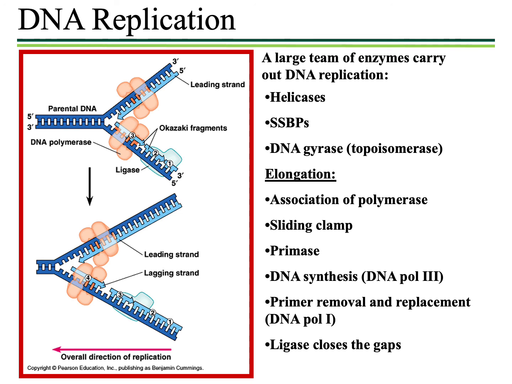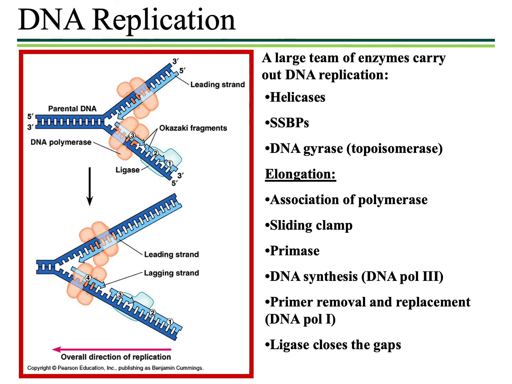You also see on this slide primer removal and replacement. So you have a situation where RNA primers are synthesized because the DNA polymerase cannot just jump on and start synthesizing DNA. But a DNA-RNA hybrid molecule is actually much less stable than a molecule that has DNA in both strands.